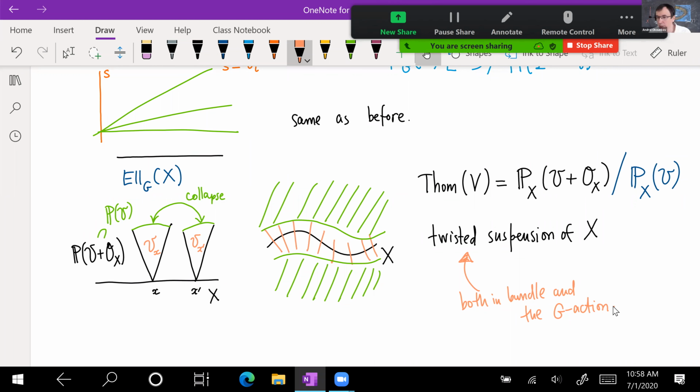So the bundle could be non-trivial, and if I have a trivial bundle and the trivial G action, that's really the suspension with the induced action.